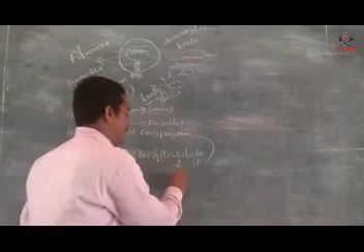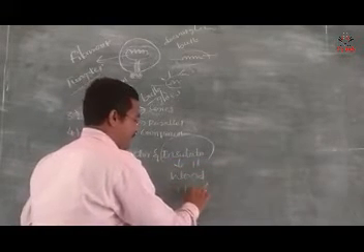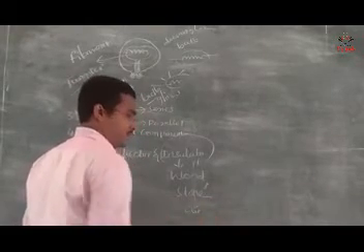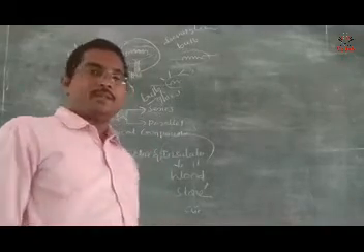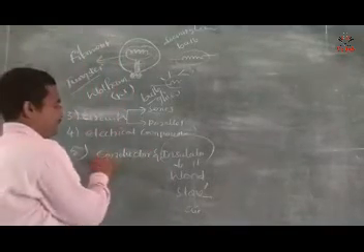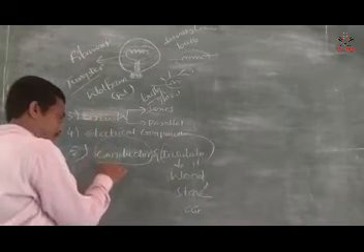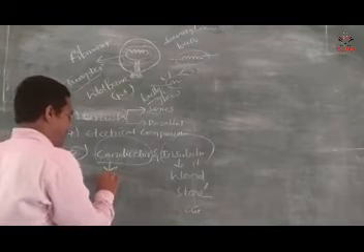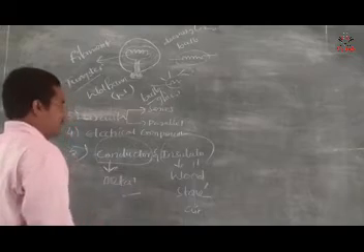For example, wood and stone are also insulators. Wood is an insulator, so it does not allow current to pass through it. Metals are good conductors. Okay.